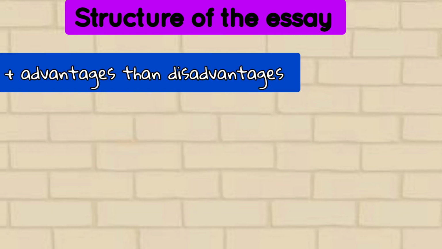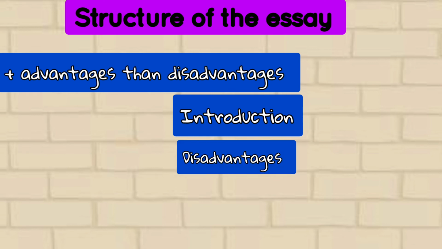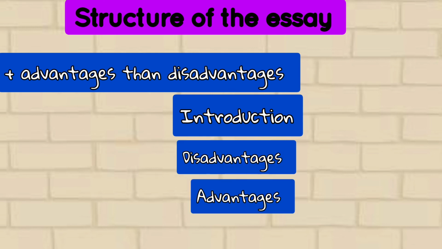In the case that in the concluding paragraph, you are going to write that according to your point of view, a topic has more advantages than disadvantages, the structure is the following. The opening paragraph, the disadvantages, the advantages, and the conclusion.